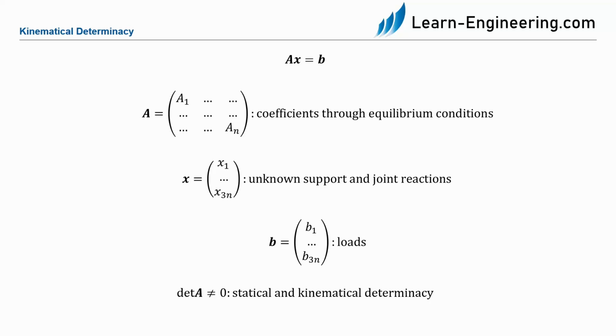The vector x contains the unknown support and joint reactions, and the vector b contains the forces acting on the system. Once the linear system of equations has been set up, the determinant of the matrix A can be set up. If the determinant of A is then non-zero, we know that the system is both statically and kinematically determinate.